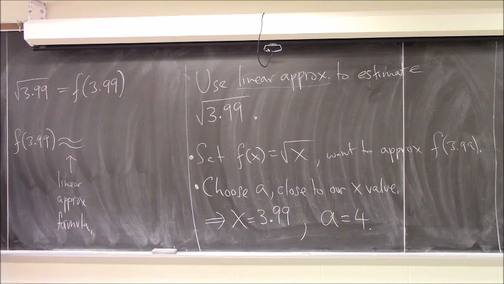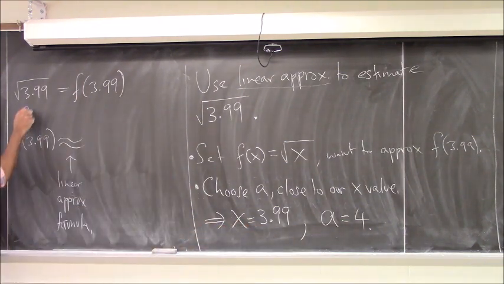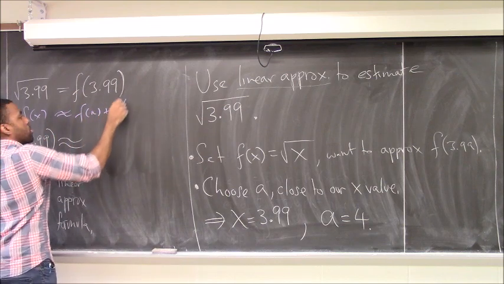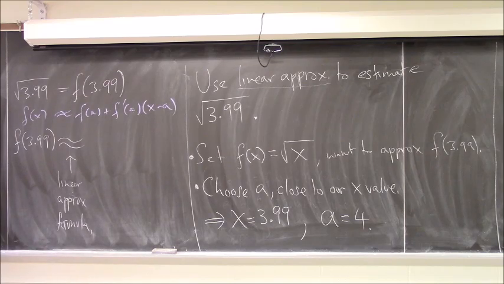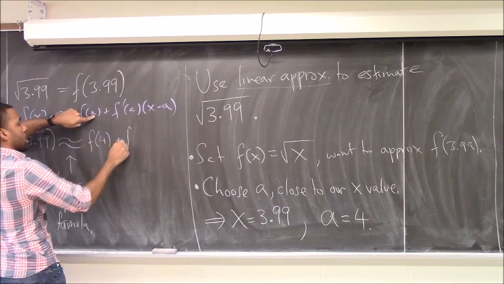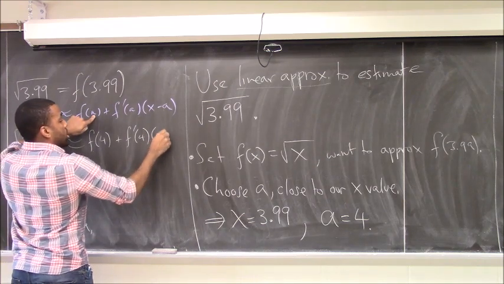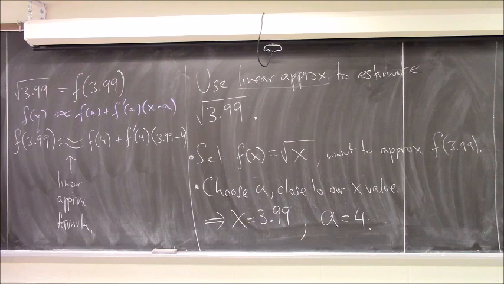Right, what is that formula? That's the formula that says f of x is approximately equal to f of a plus f prime of a times x minus a. So I'm literally going to be plugging those in. Here my x is 3.99, so I'm going to plug in my a. So that means f of 4 plus f prime of 4 times 3.99 minus 4 is going to be my approximation here.